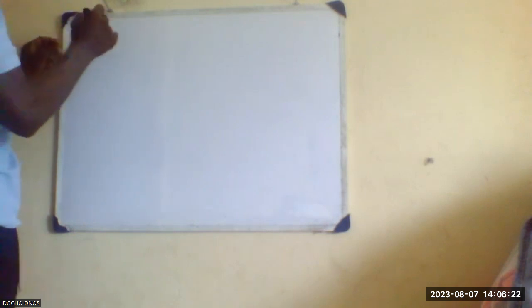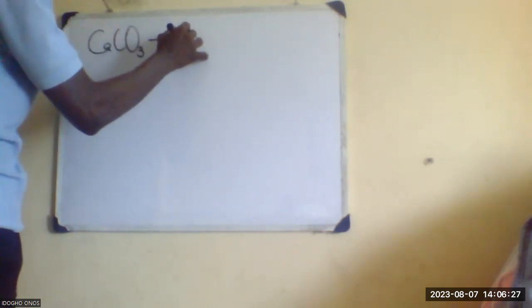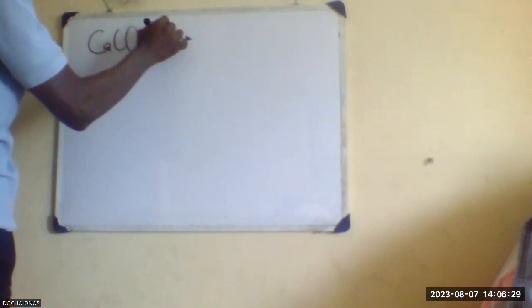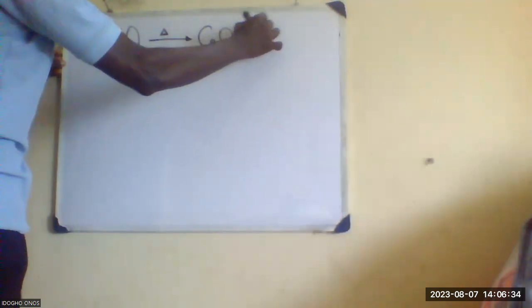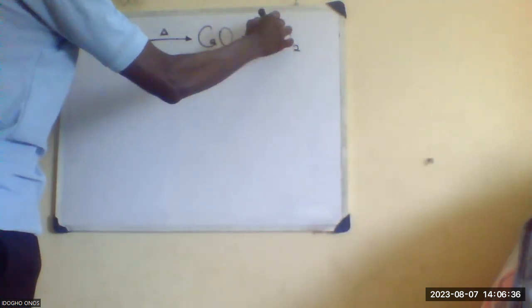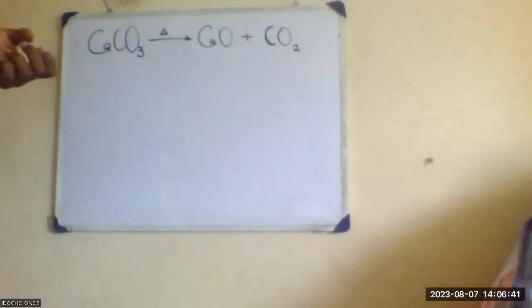So when teaching this aspect, they need to understand. Okay, now let's do it together. What is the compound that was heated? CaCO3. And upon heating CaCO3, it gave us what? CaO and CO2. Perfect. Is the equation balanced? Yes.